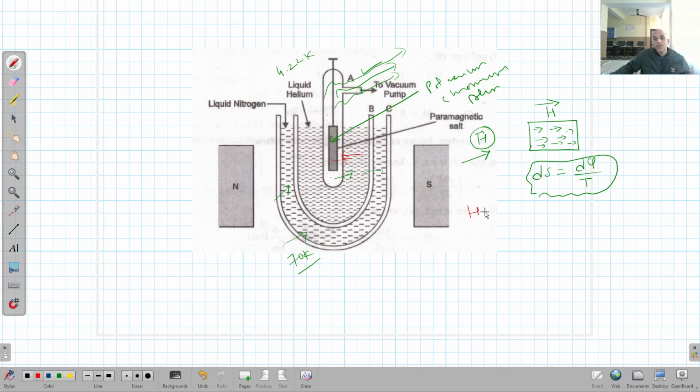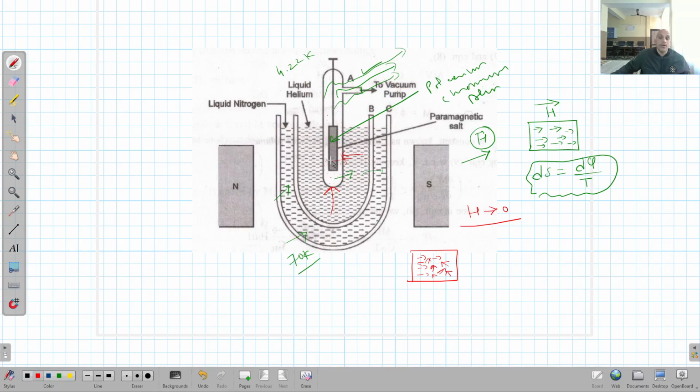Now H is equal to 0. Clear? What will happen? All those atoms which were oriented in the direction of the magnetic field initially will try to get randomly oriented. Clear? As we have seen earlier. So when they align themselves in random orientations, they require thermal energy, right? So what will they do? Heat is not supplied from the outside here.